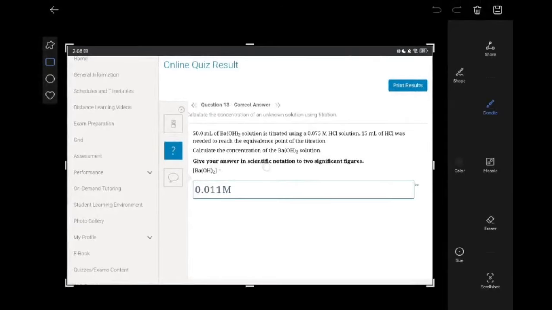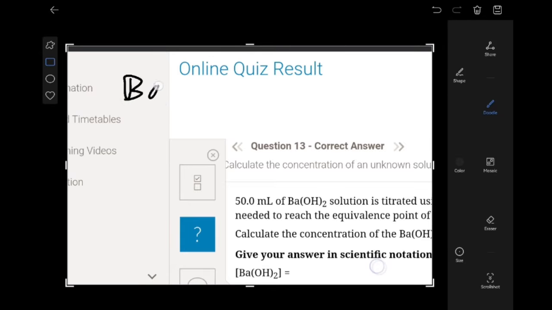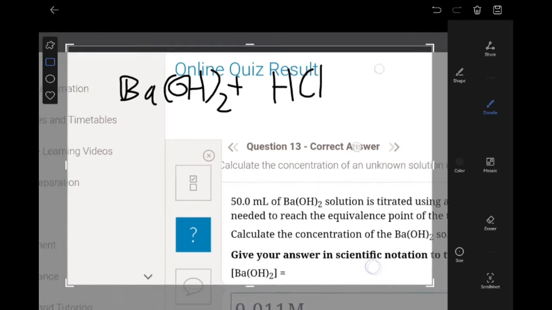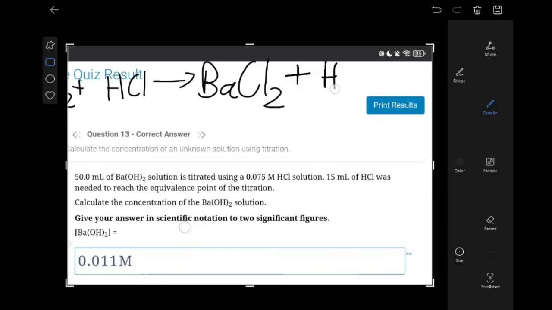This question I got wrong the first time, but you have to really focus on what you're doing. So look here, I'm going to write down the reaction: Ba(OH)2 plus HCl gives you, take the anion from here and the cation from the base, BaCl2 plus H2O.